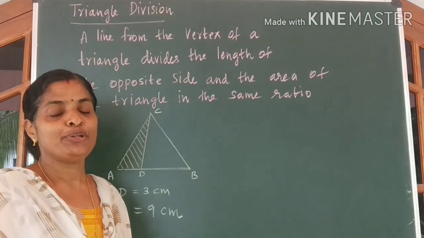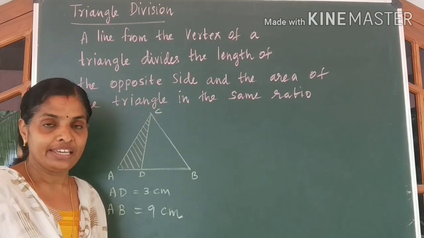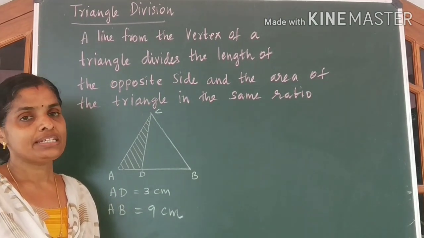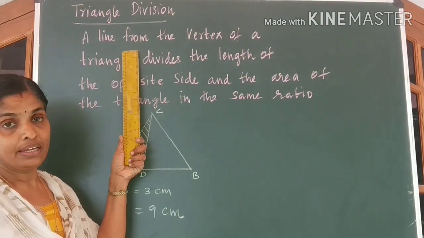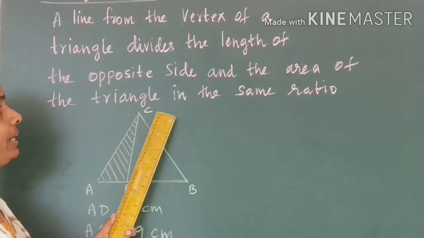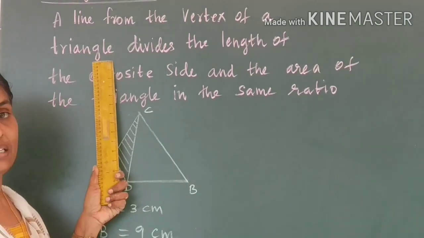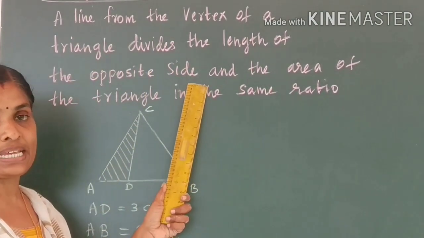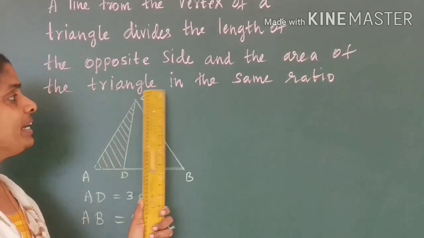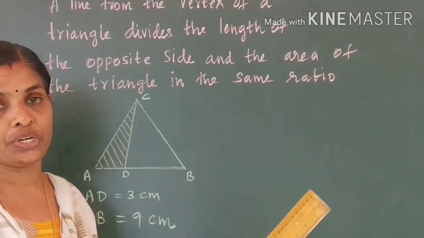Come to the second idea, children. Here we are talking about triangle division. Look at the statement. A line from the vertex of a triangle divides the length of the opposite side and the area of the triangle in the same ratio.